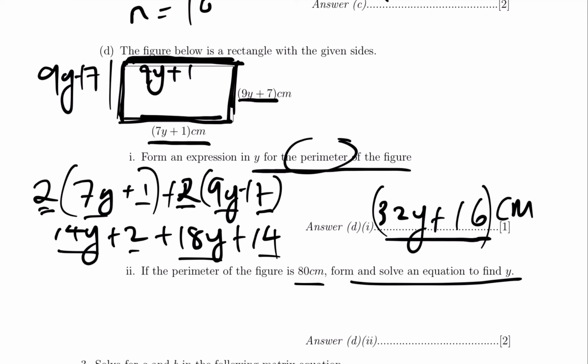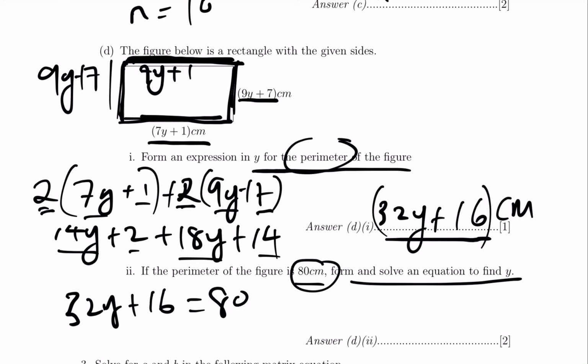Now they are telling us the exact perimeter, that the perimeter is 80 centimeters. So we'll say 32y plus 16 is equal to 80.